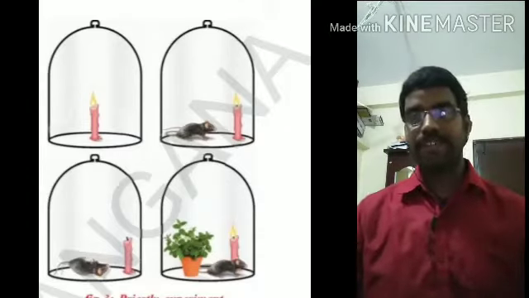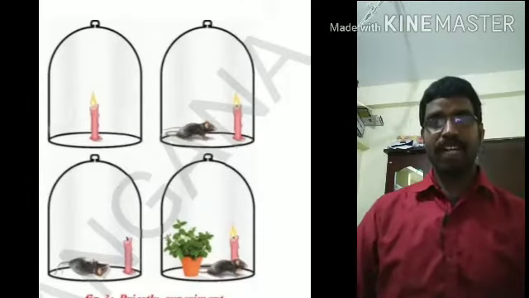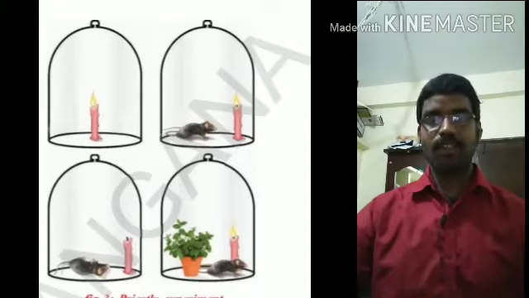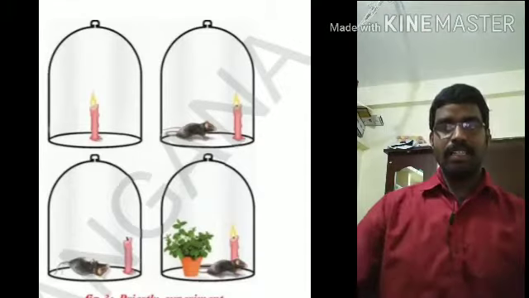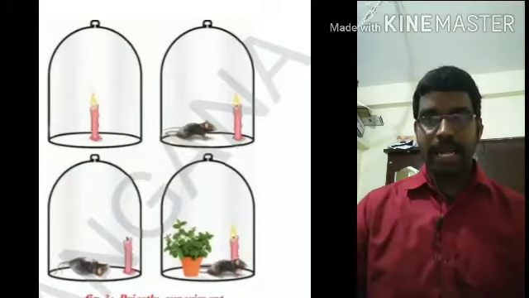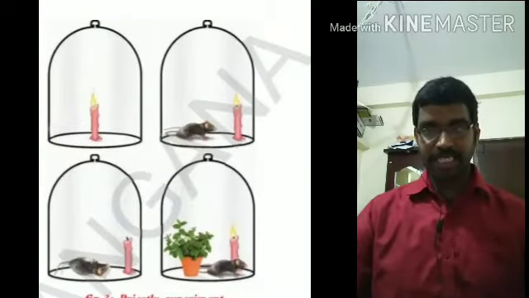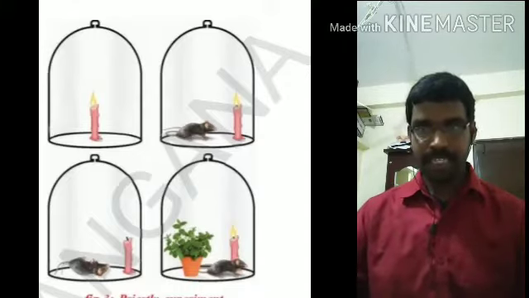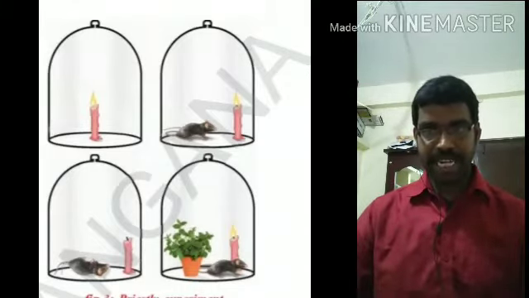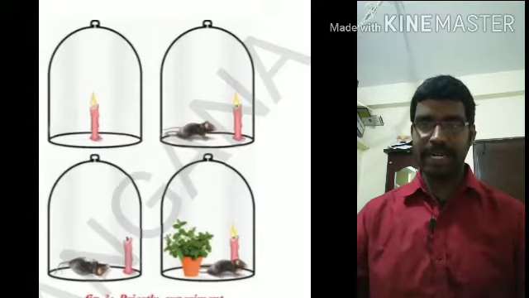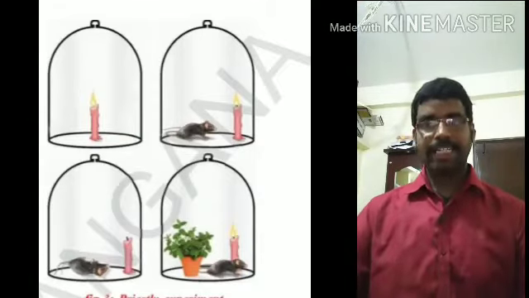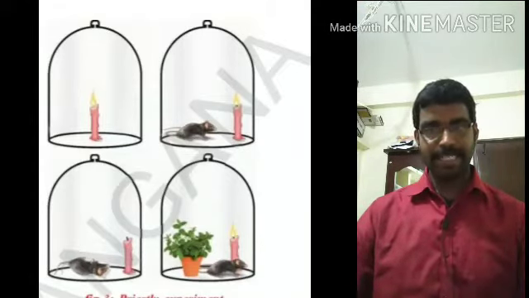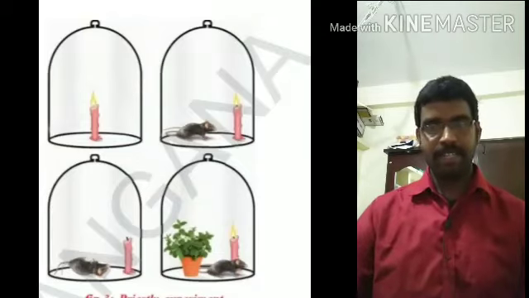Here the candle goes out and the mouse is suffocated. After Priestley introduced a mint herb into the bell jar, he found that the mouse stayed alive and the candle, when lighted from the outside, continued burning in the presence of the mint plant.